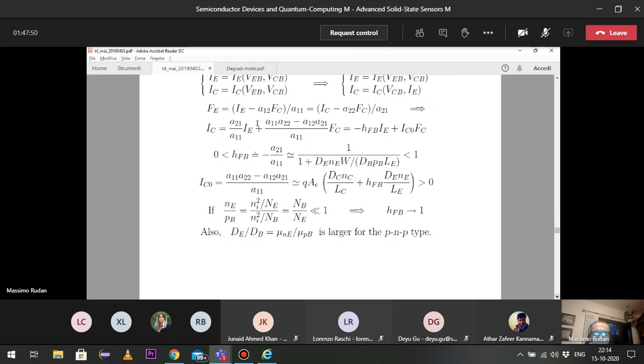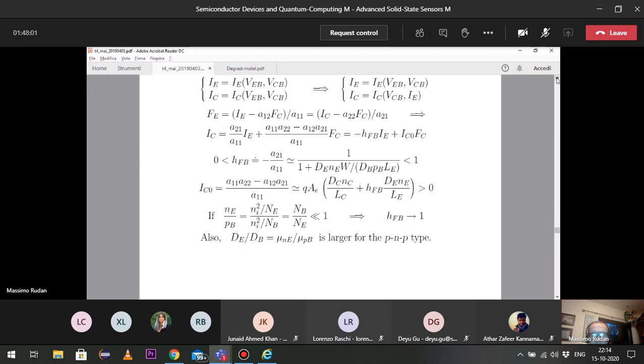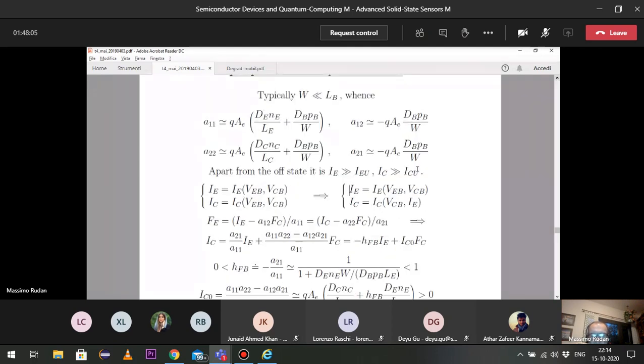So the fact that IC in the normal mode of operation is practically equal to IE explains why we could neglect both recombination currents, because I sub C is large even if the bias in the collector junction is reverse, okay?